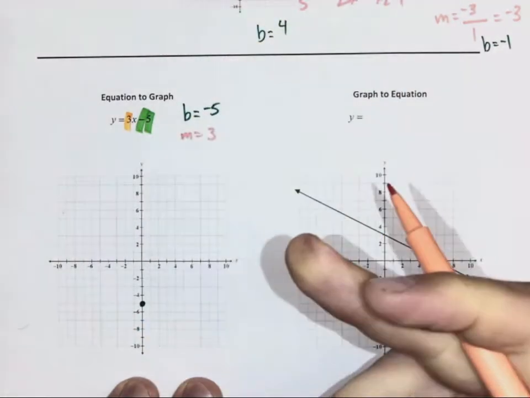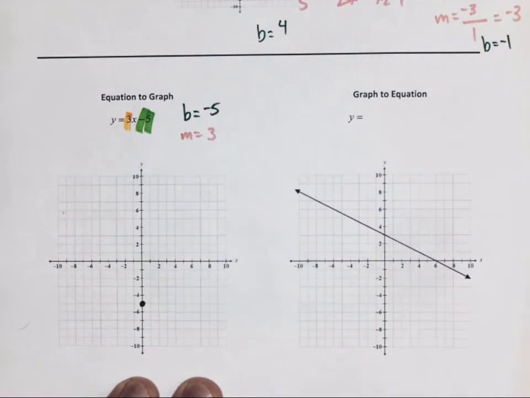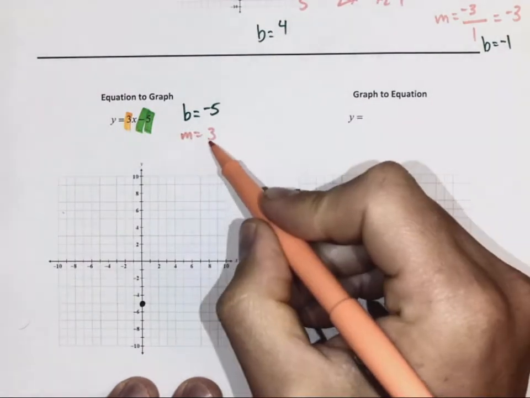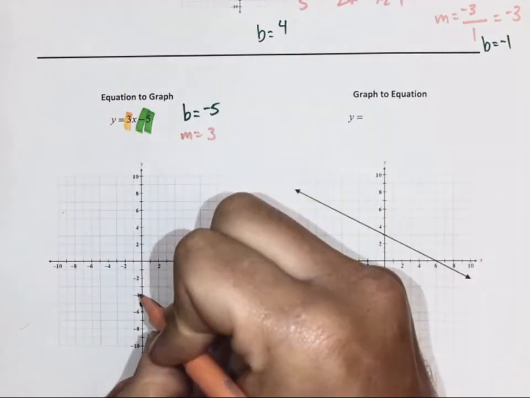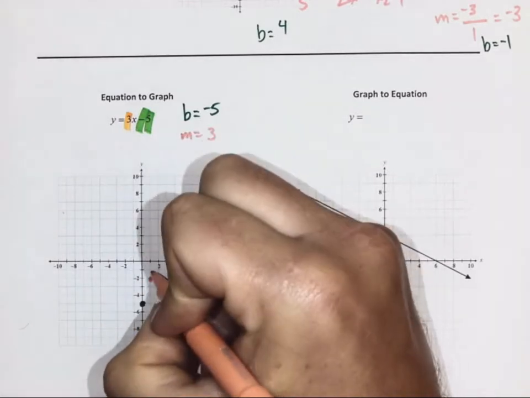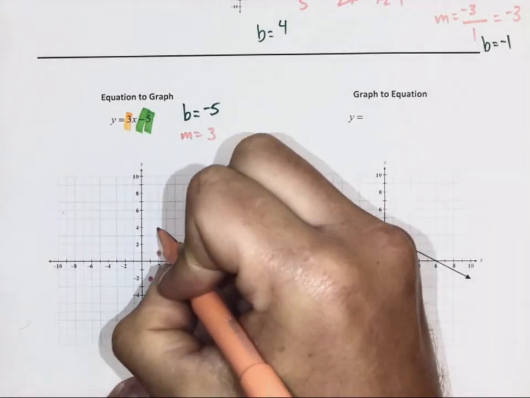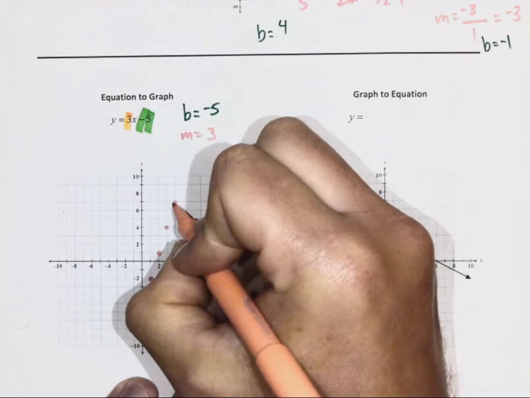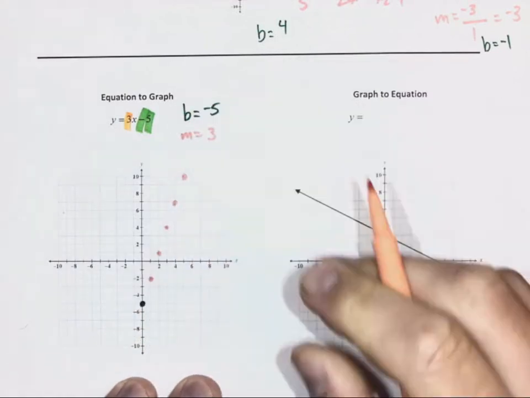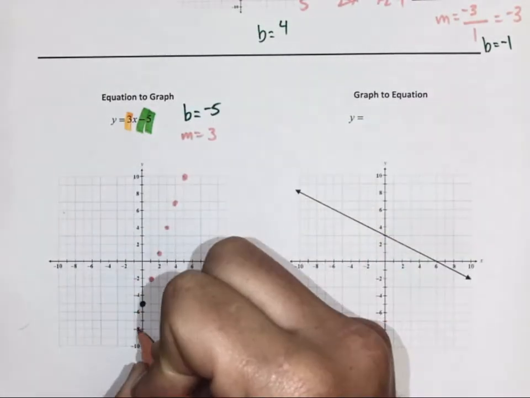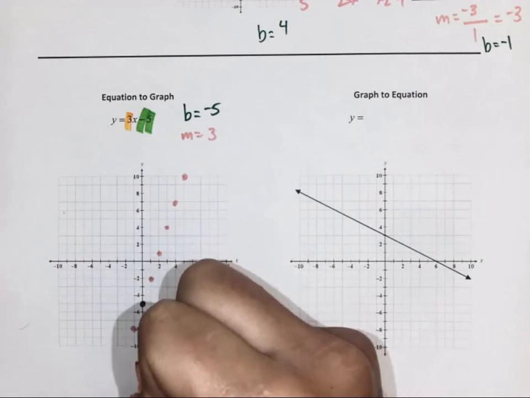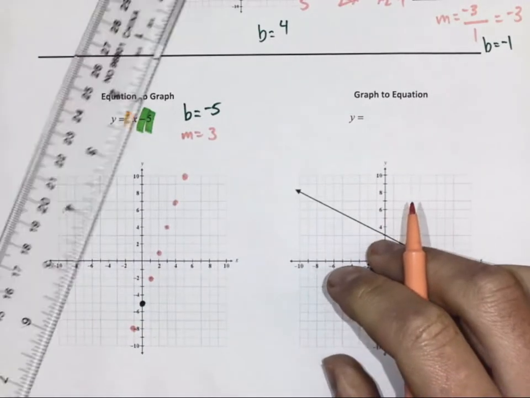That's how you show me the workings that are going on in your brain. I can't see that. So slope of 3, remember, means up 3 over 1. Up 1, 2, 3 over 1. If I go the opposite direction from here, that's up 3 to 1.